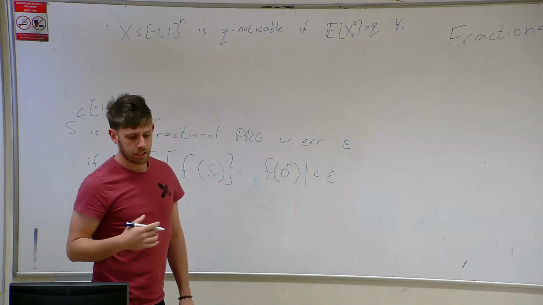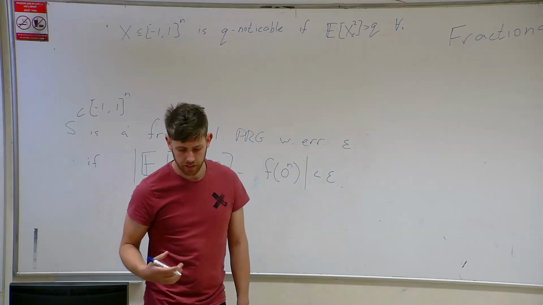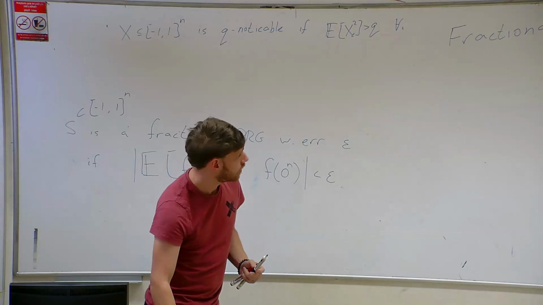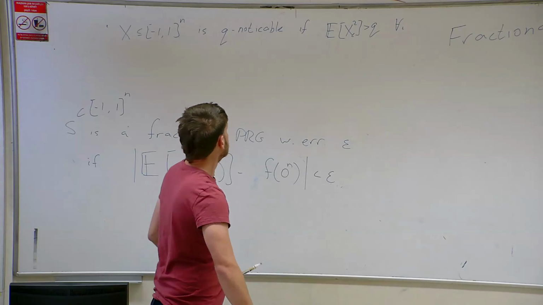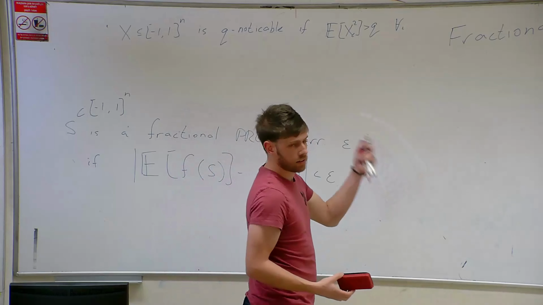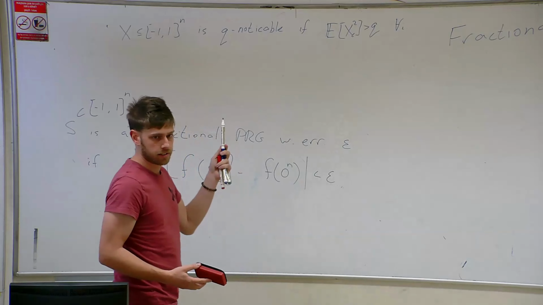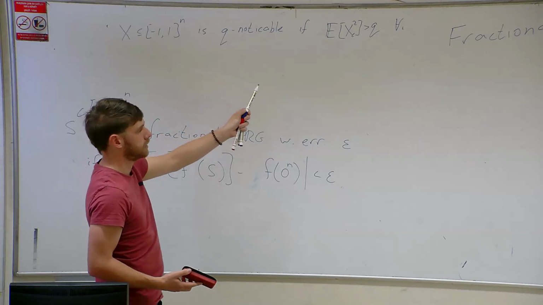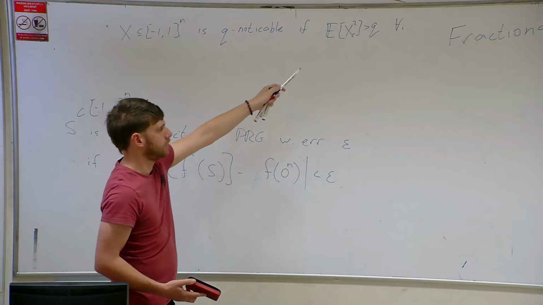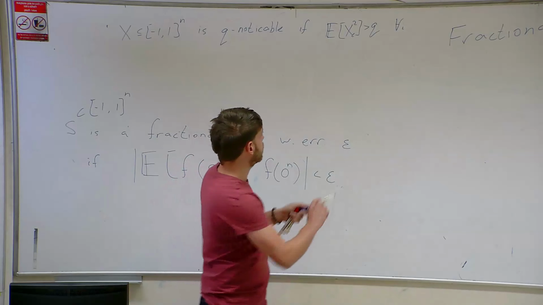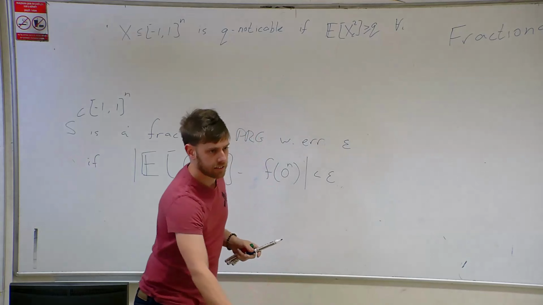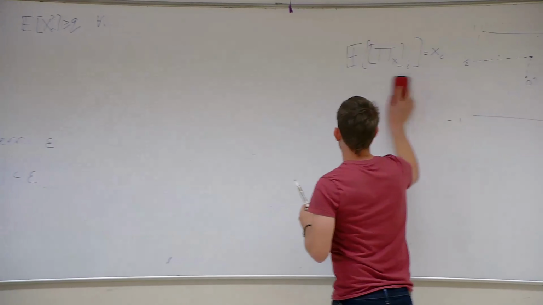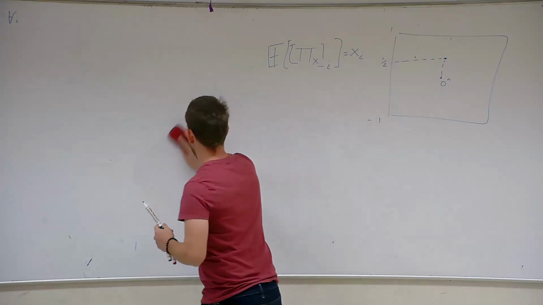So each of the coordinates has enough variance. Our previous PRG, which is just 0 to the n, is 0 noticeable, but it's not going to help us at all.